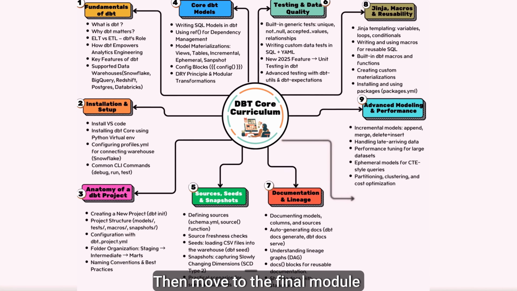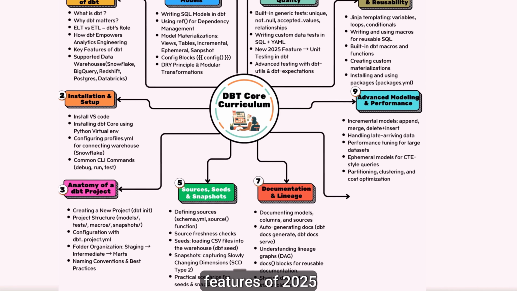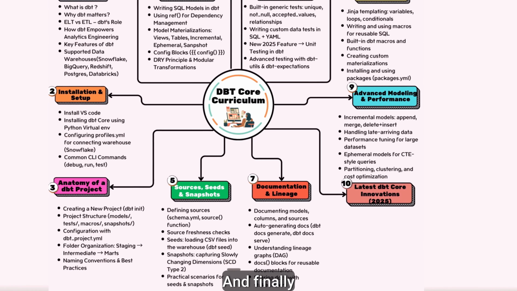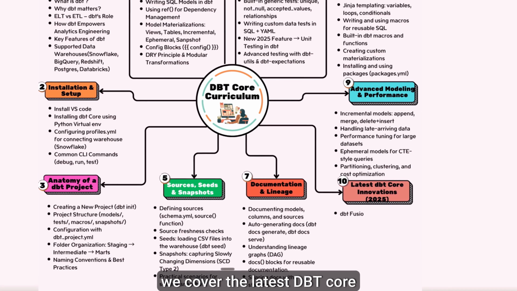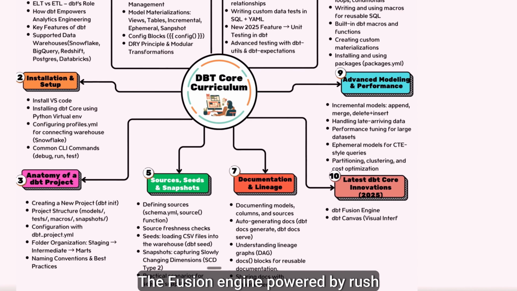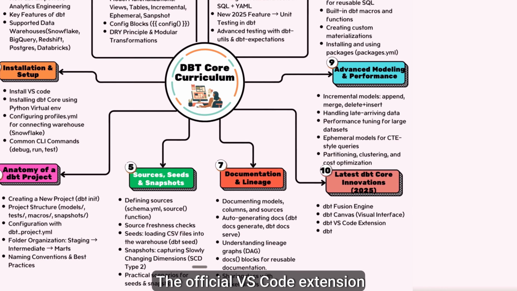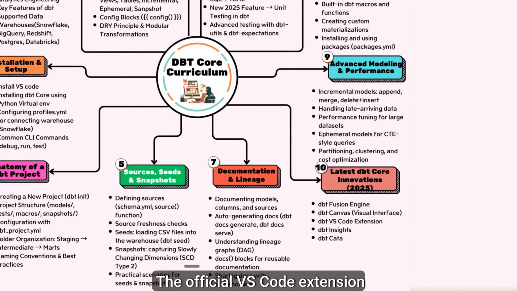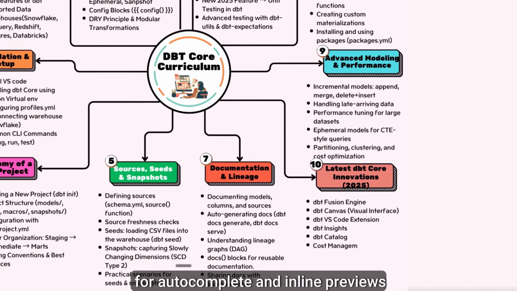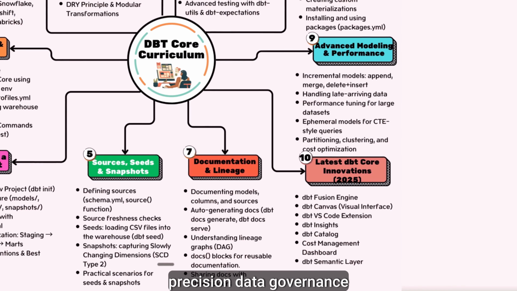Then move on to the final module, latest DBT Core innovations, or features of 2025. And finally, we cover the latest DBT Core features that every analytics engineer should know. The Fusion engine powered by Rust, making DBT 30x faster. The official VS Code extension for autocomplete and inline previews, and column-level lineage for precision data governance.